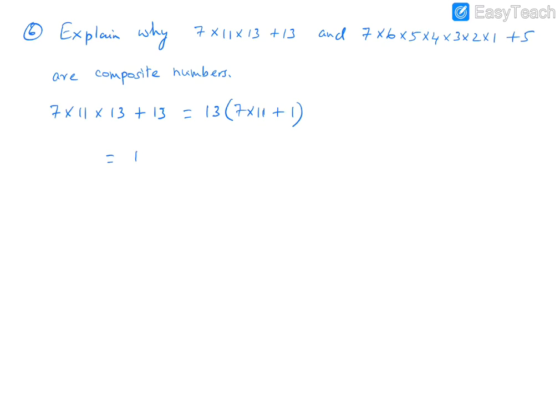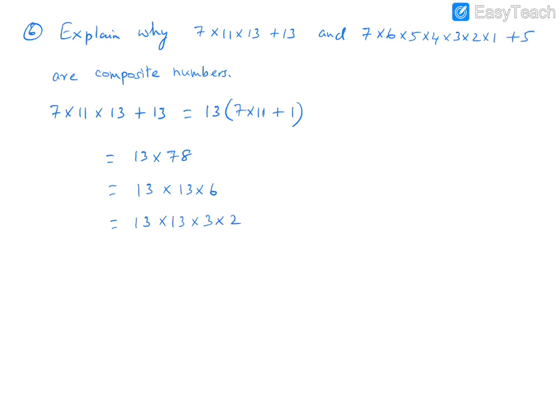So that is equal to 13 into (77 plus 1), 13 into 7 into 11 is 77, and 77 plus 1 is 78. Now we can represent 78 in terms of its prime factors. 78 itself can be written as 13 into 6, and 6 can be broken down further as 3 into 2.